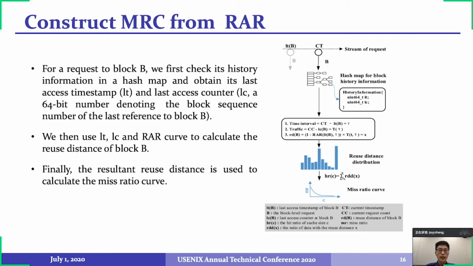Then, we can get the reuse distance of the currently accessed block. This greatly reduces the complexity of analysis. Finally, the miss ratio curve can be derived according to the overall reuse distance distribution.